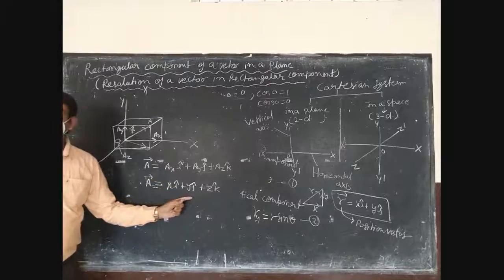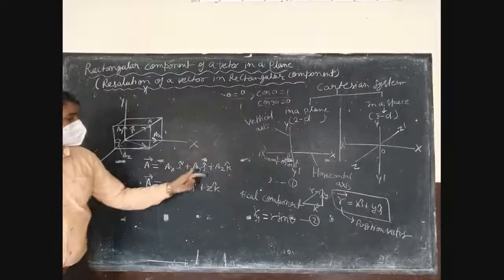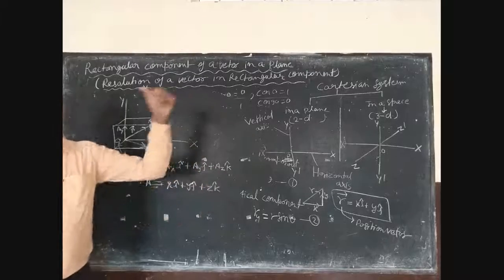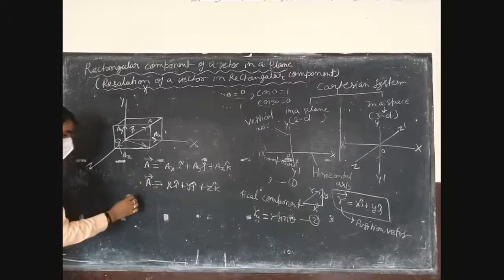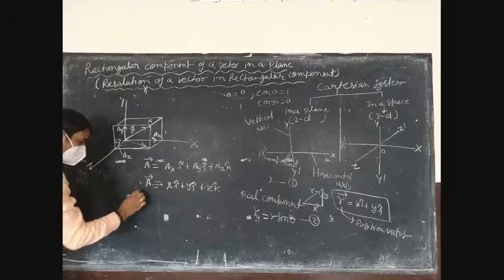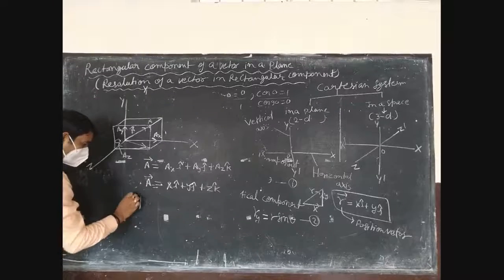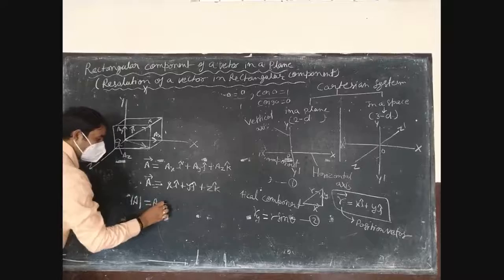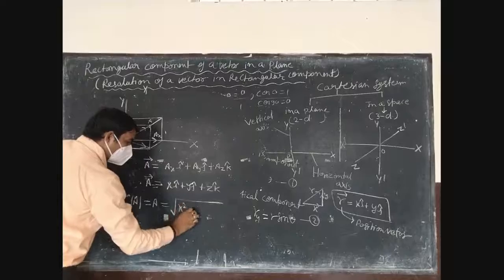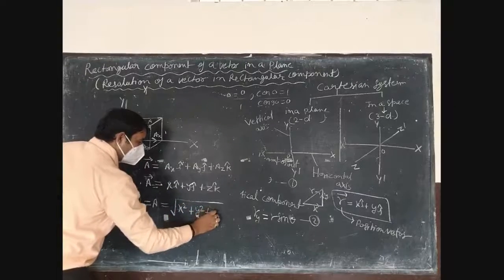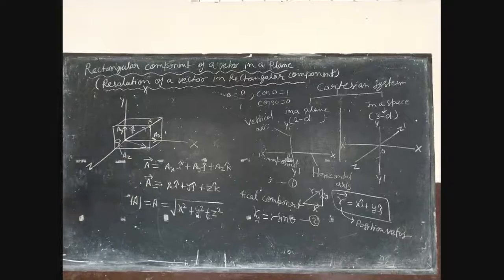AY is equal to Y, distance measured on the y-axis, and AZ is equal to Z, distance measured along the z-axis. Now for this vector A, the modulus of vector A is equal to under root x square plus y square plus z square, as we discussed in the rectangular form.